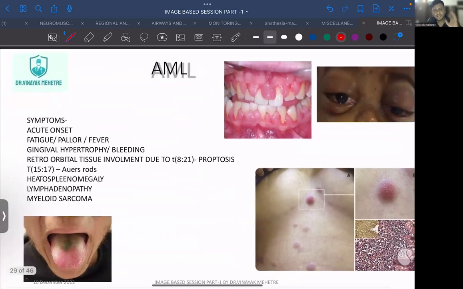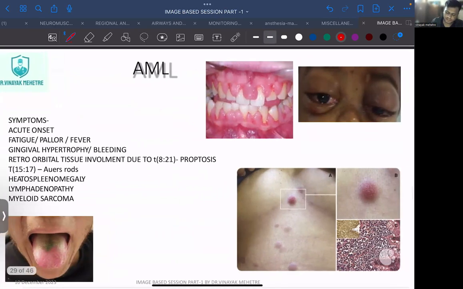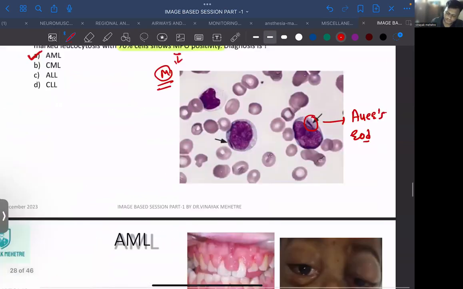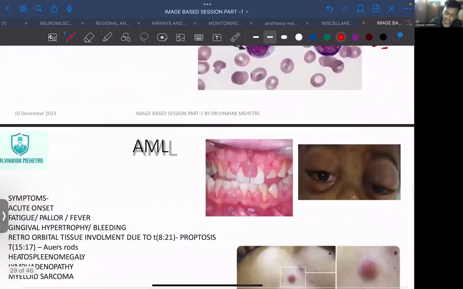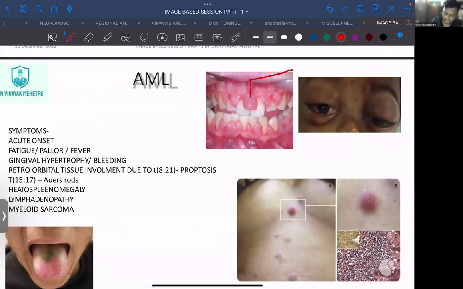Now take a look, क्या लिखा था वहां पे, bleeding from the gum, reason, sorry. Reason is gingival hypertrophy. जिंजीवा का क्या हो रहा है?